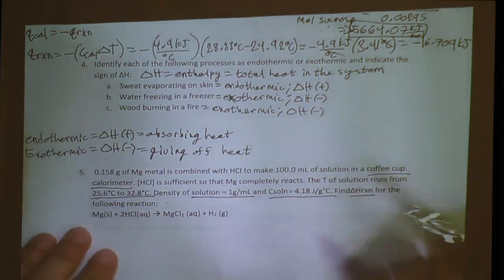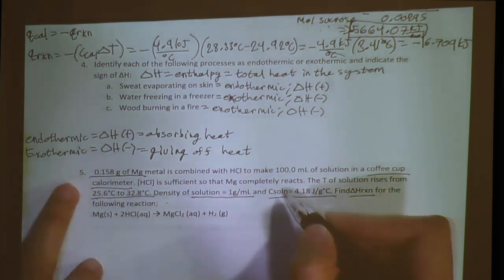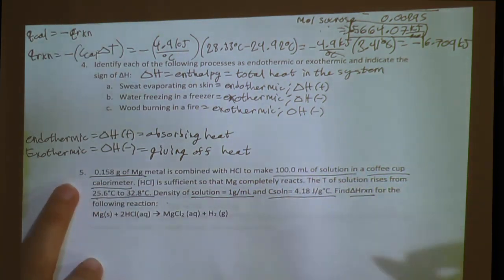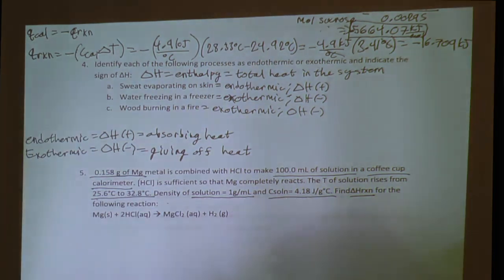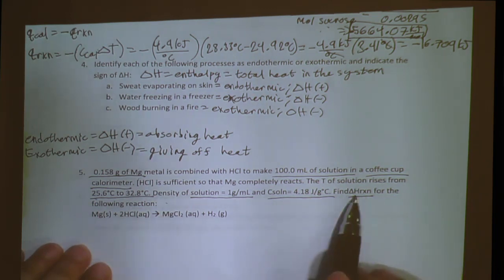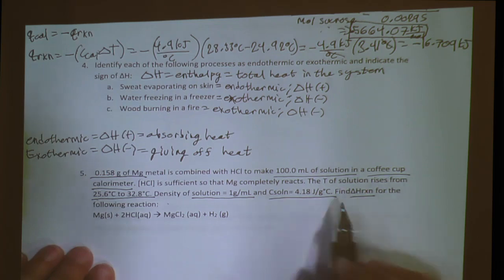So I underlined some of the information that we need. We need the grams of magnesium. They also give us our volume of solution, right? This question is a little bit tricky, but if we go step by step, we can break it down. So what is our formula for delta H reaction?